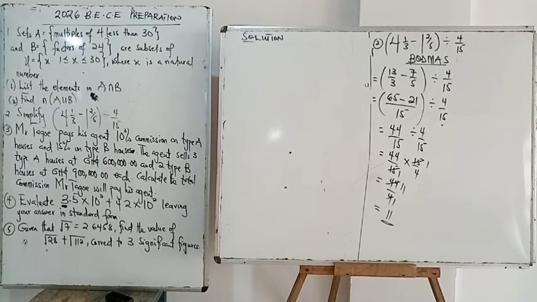Now, our third question reads that Mr. Tego pays his agent 10% commission on type A houses.